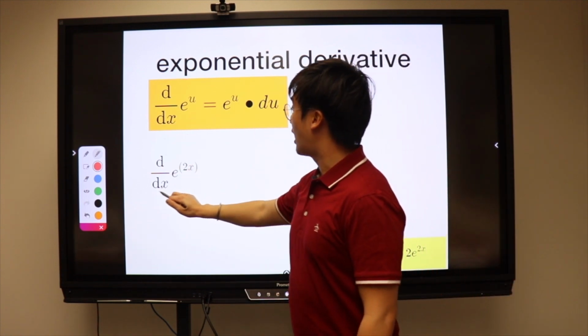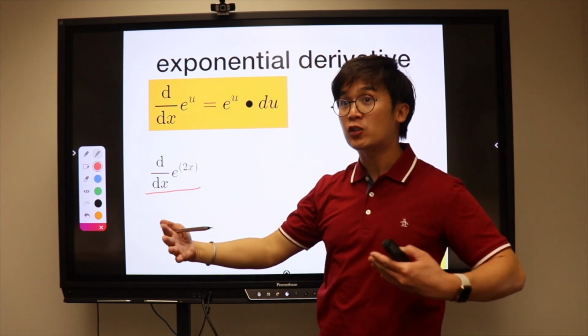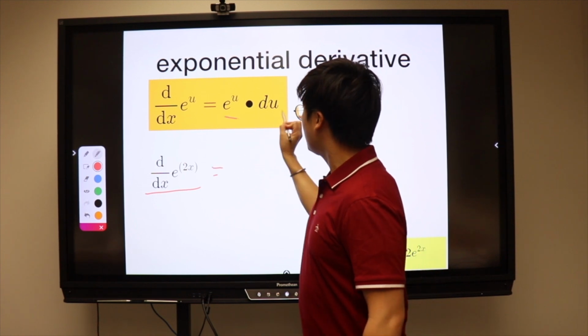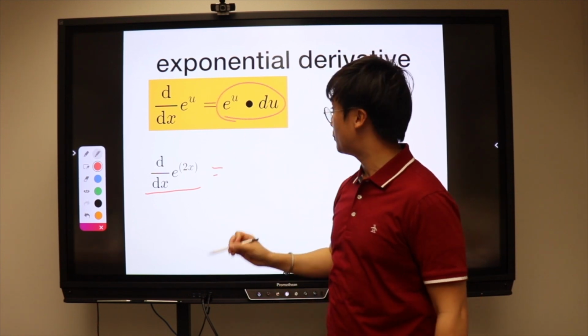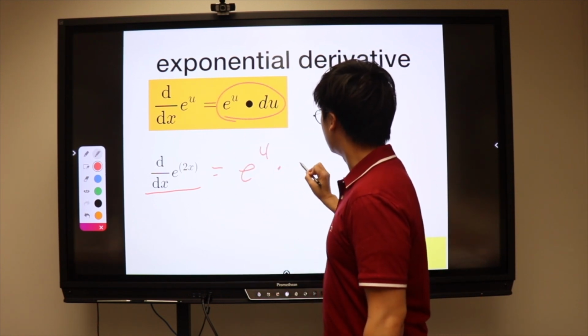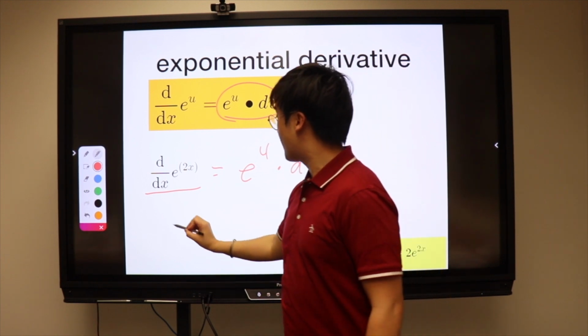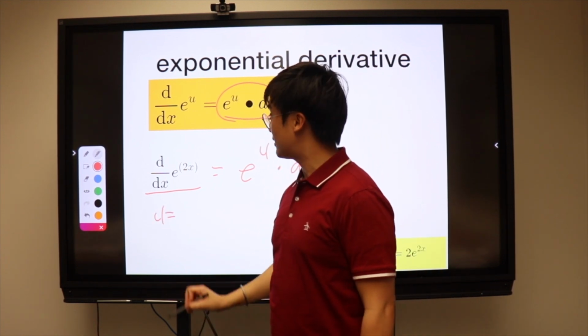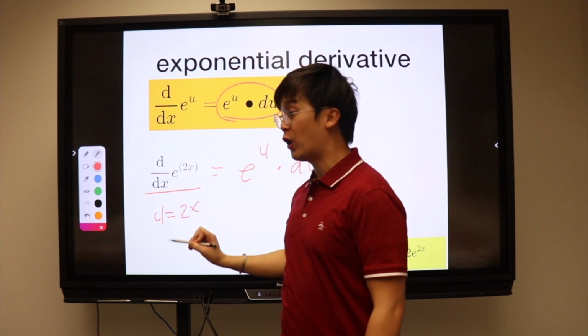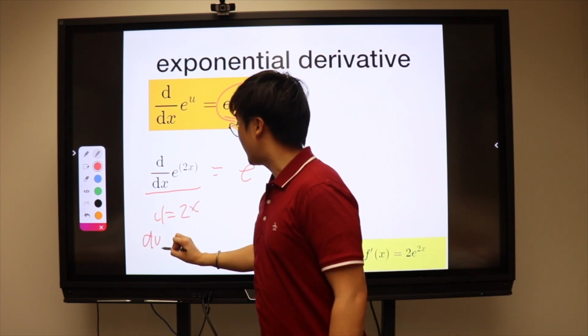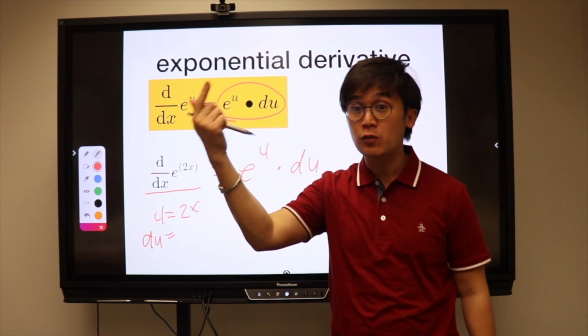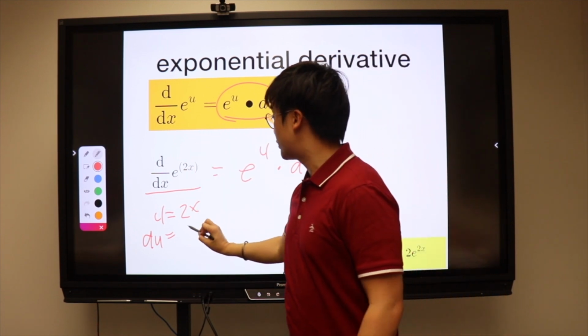Every time you are finding the d/dx of e to the f of x, write down what formula you need to produce. E to the u du. After that, write down what u is, and u is 2x in your problem, and du is your derivative of 2x, and you can do that in your head, right? Which is 2.